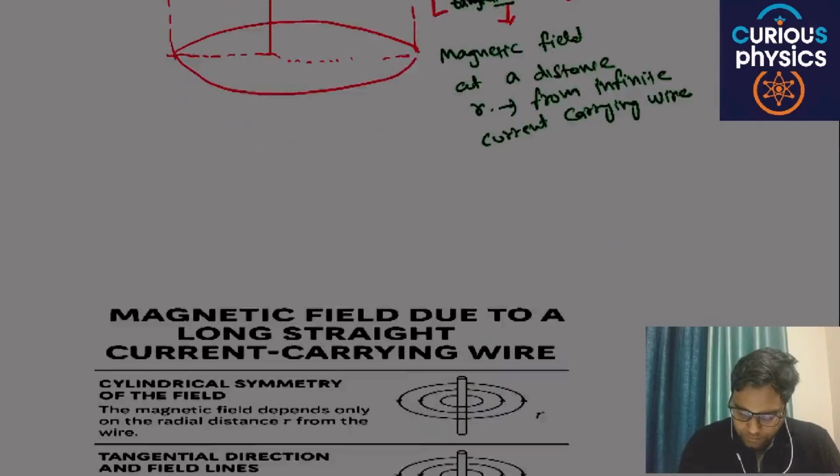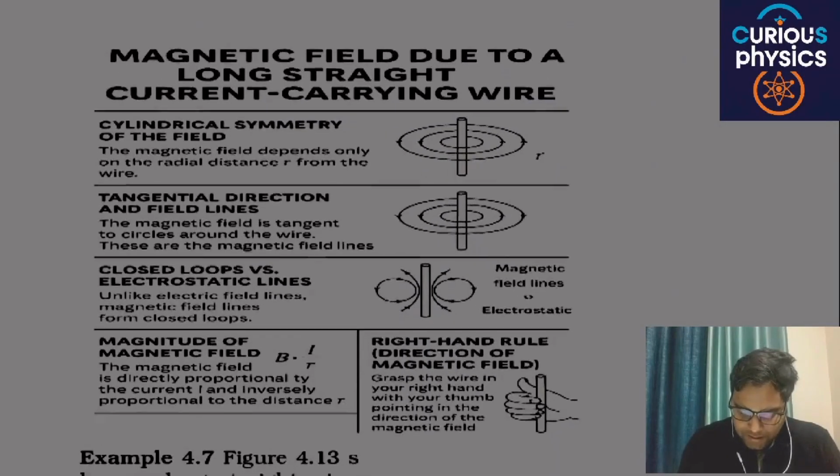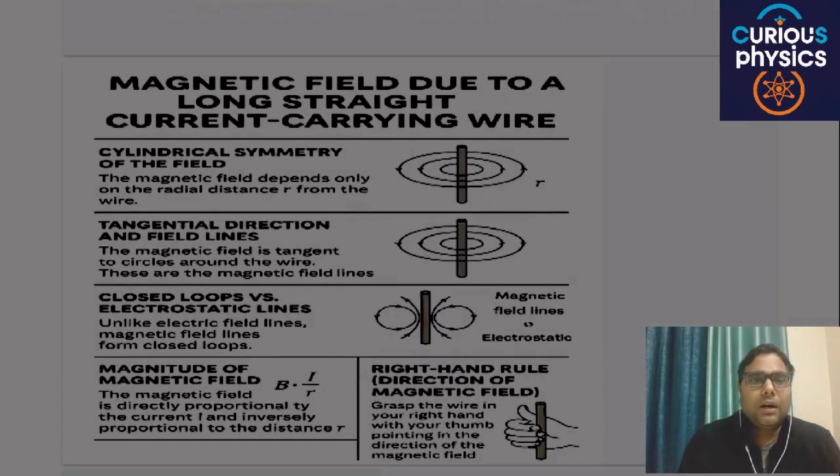This is nothing but the comparison of the value of magnetic field when a current passes through an infinite wire or rod. Magnetic field due to a long straight current carrying wire. Here the field has cylindrical symmetry.